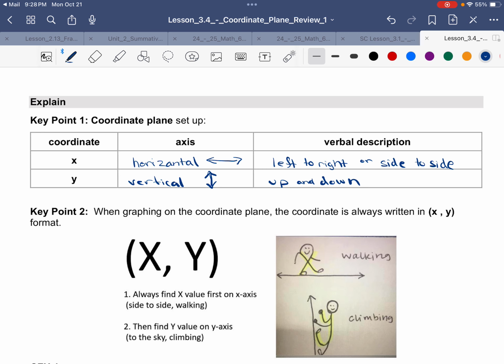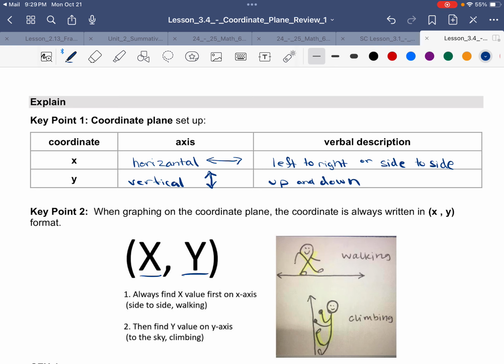It's not left to right or anything like that, but literally up and down, moving vertically. Key point 2: when graphing on the coordinate plane, the coordinate is always written in XY format. So any coordinate you come across that they give you, the X is in the first spot, Y is in the second spot.